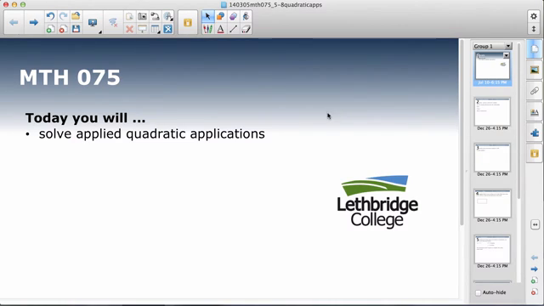All right, in this section we'll be looking at solving quadratic applications and looking at a few different kinds of applications, basically some simple ones.